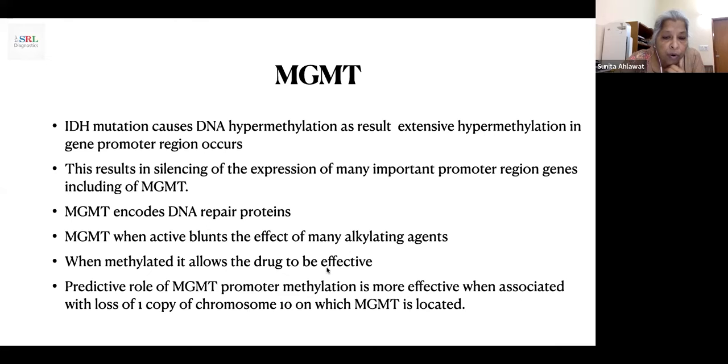This is more pronounced when the MGMT promoter methylation is accompanied by loss of one copy of chromosome 10, on which the MGMT is located. So this is what MGMT is all about.